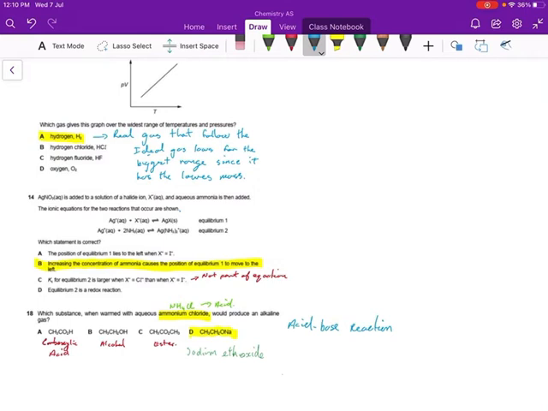Now they ask a few things, or tell you a few things. The position of the equilibrium in equilibrium 1 lies to the left when X is iodine.